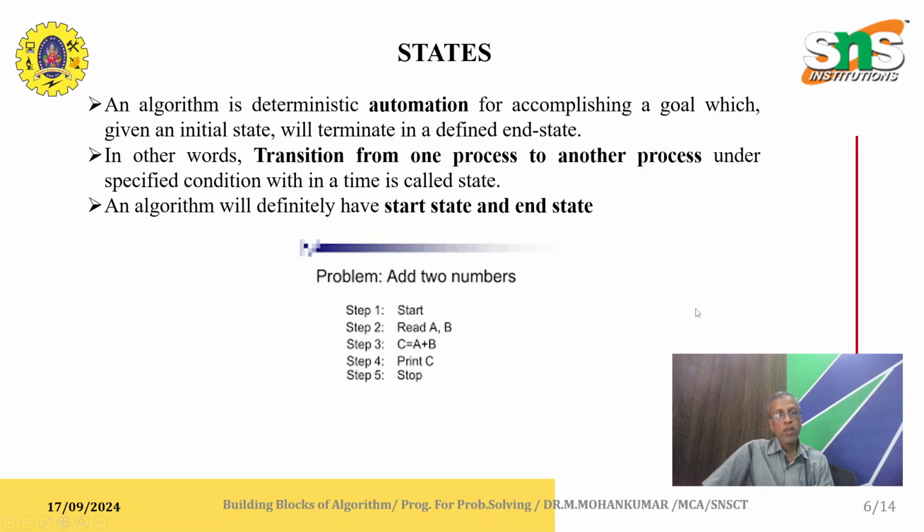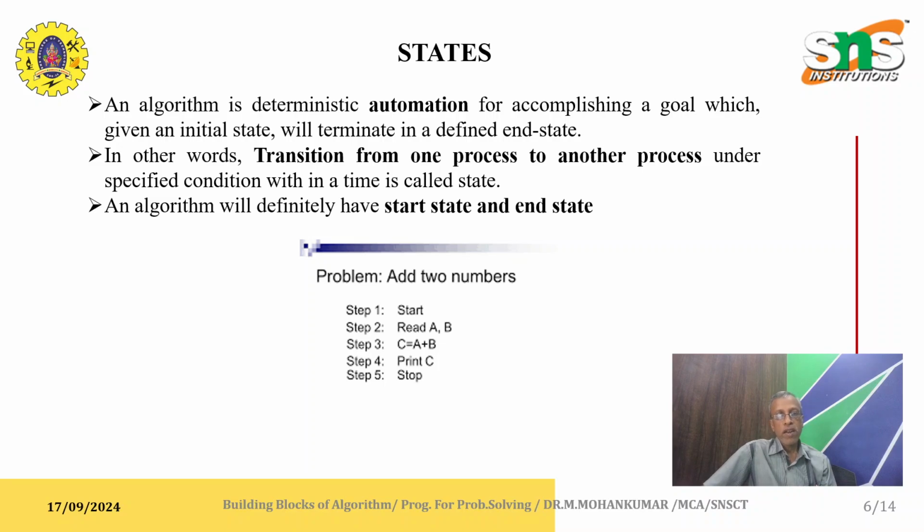and stop. State. An algorithm is a deterministic automation for accomplishing a goal which, given an initial state, will terminate in a defined end state. In other words, transition from one process to another process under specified conditions within a time is called a state.